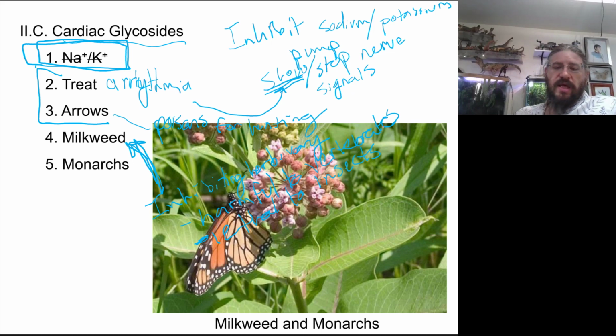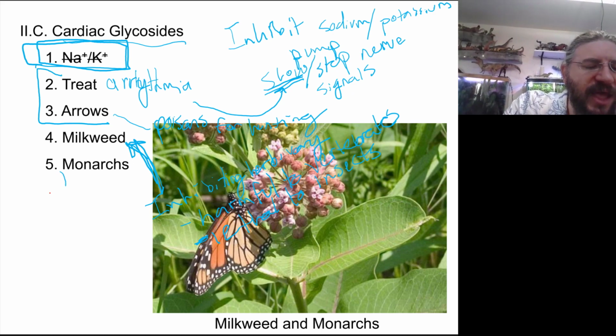Of course, the milkweed flower has a pollinator. So it has multiple insect pollinators, but the milkweed flower's pollinator is the monarch butterfly. And one thing about the monarch butterflies that makes them very cool is that they love to eat milkweeds, and then monarch butterflies lay their eggs on milkweed.